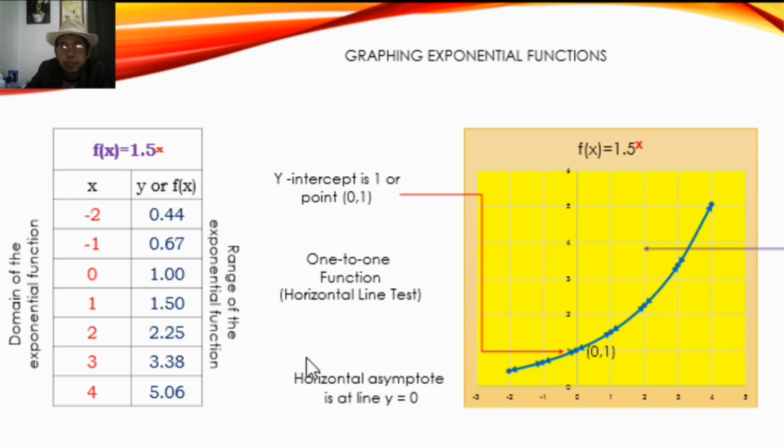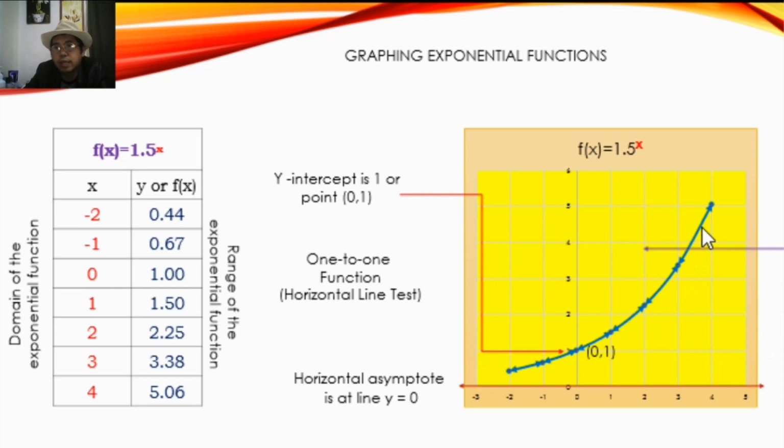Now another property of the exponential function is the horizontal asymptote. You will notice in here, my horizontal asymptote will be at the line y is equal to 0. So see that line? That is the line y is equal to 0, which is considered to be the horizontal asymptote.